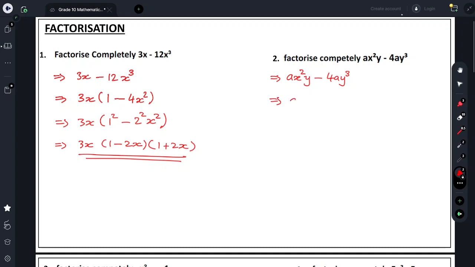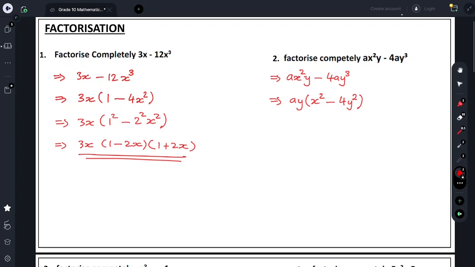So we pick a, and y. Here there's y to power 1, here there's y to power 3. Once we pick a and y, we remain with just x to power 2. Then we say minus. Once we pick a, we remain with 4. Then we pick y once, so we remain with y to power 2, like this.